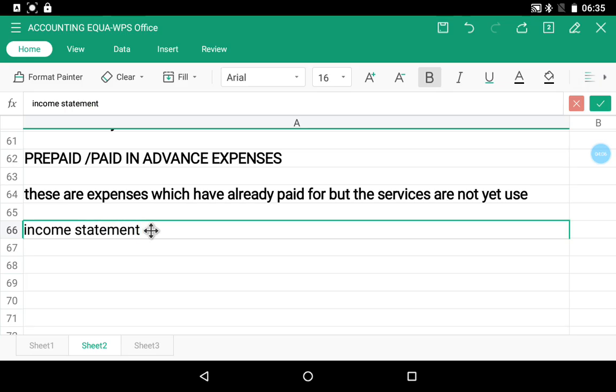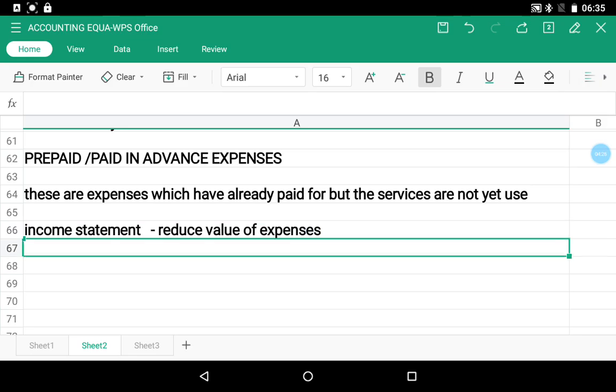Under income statement, they reduce the value of expenses.